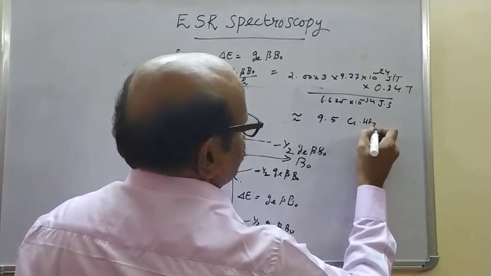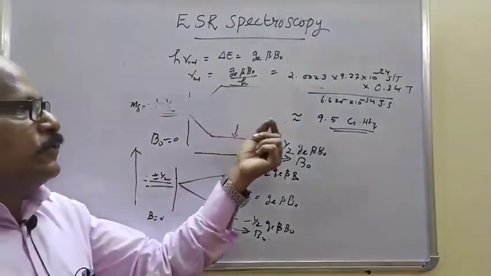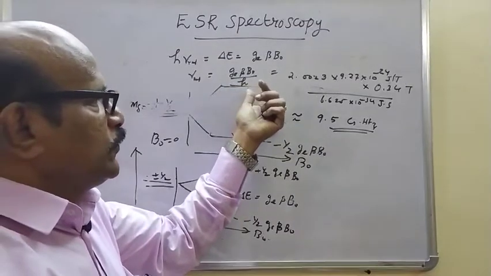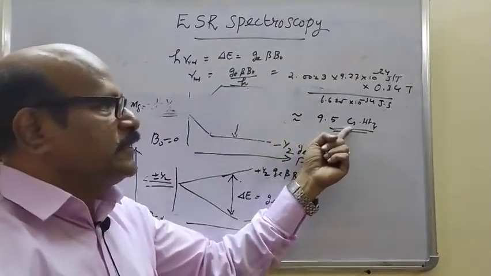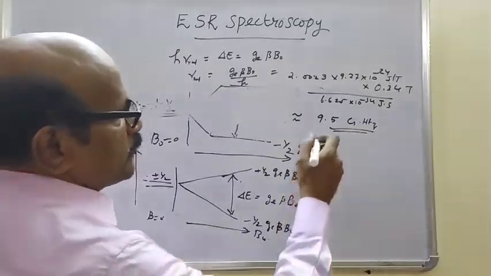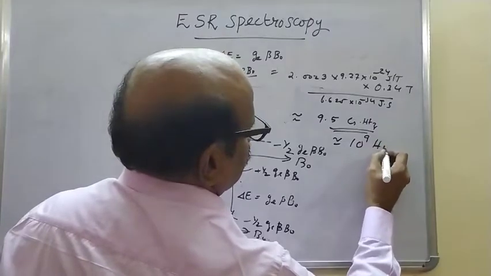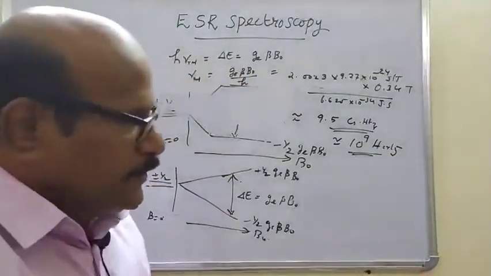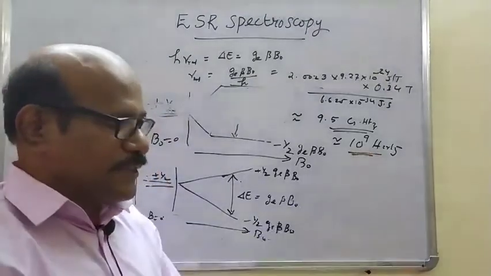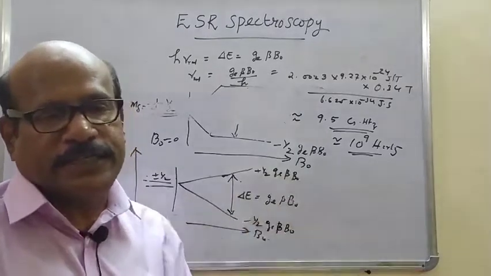gigahertz. So the frequency of the radiation for the ESR transition is found to be 9.5 gigahertz, which is approximately 10 raised to 9 hertz. This frequency range of 10 raised to 9 hertz comes under microwave radiation.